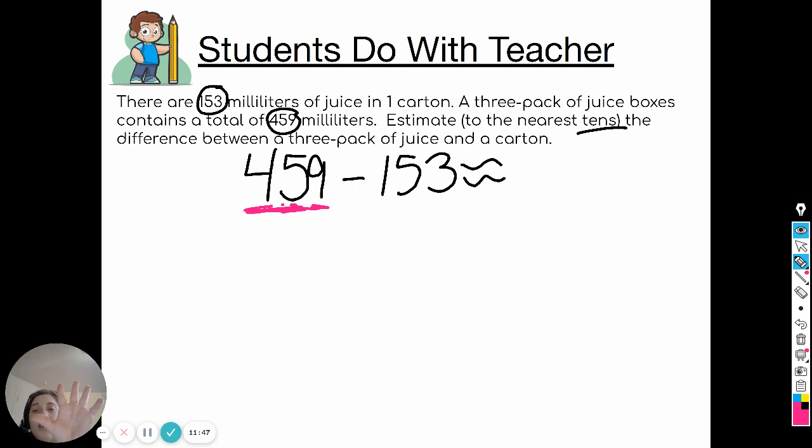So we haven't gotten to 459 yet, but we already let go of our balloon, which means we're going to be rounding up. Okay? We're going to round up to the next 10. So we started at 45 tens. One more 10 would be 46 tens. So we're going to round up to 46 tens.